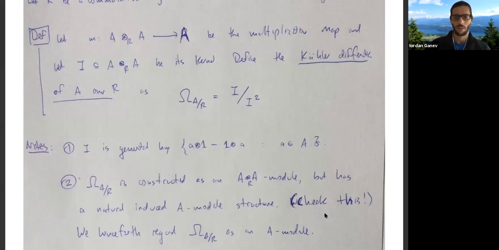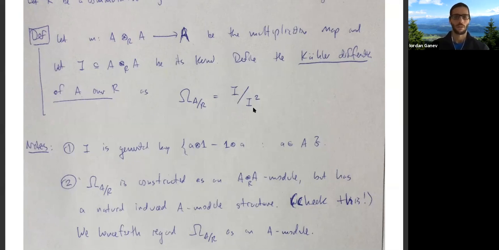What do you need to check? Well, a module for A tensor A becomes an A module if the action map factors through this multiplication map. In other words, if I act trivially on that module. And I will act trivially on this module I mod I squared, because if you act by I on something in I, then you get something in I squared, which is 0 in this module.